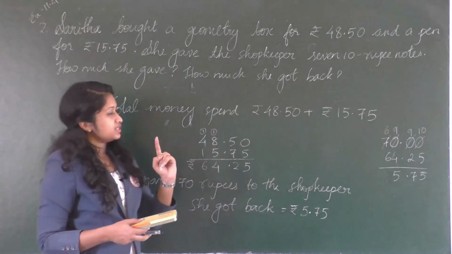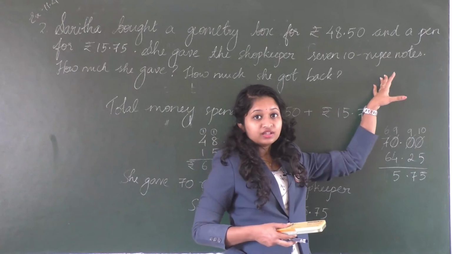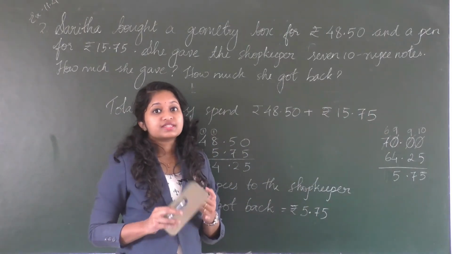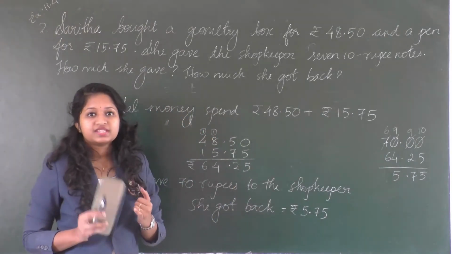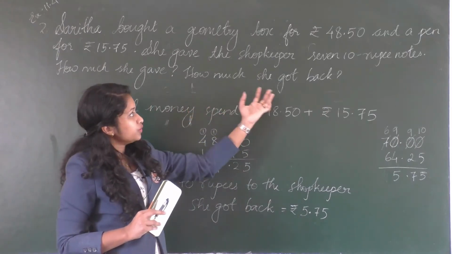So the first question is easy. How much she gave? She gave 7 10-rupee notes. 7 10-rupee makes 70 rupees. So she gave the shopkeeper 70 rupees. So the next question is, how much she got back?